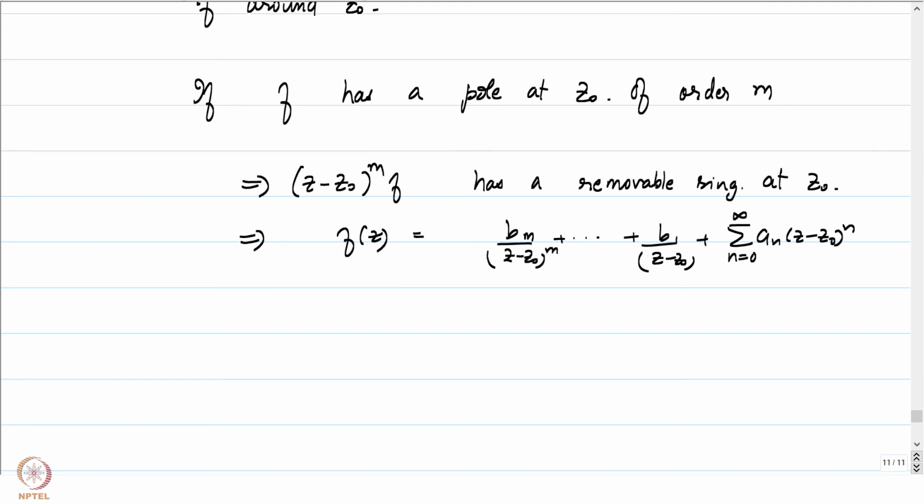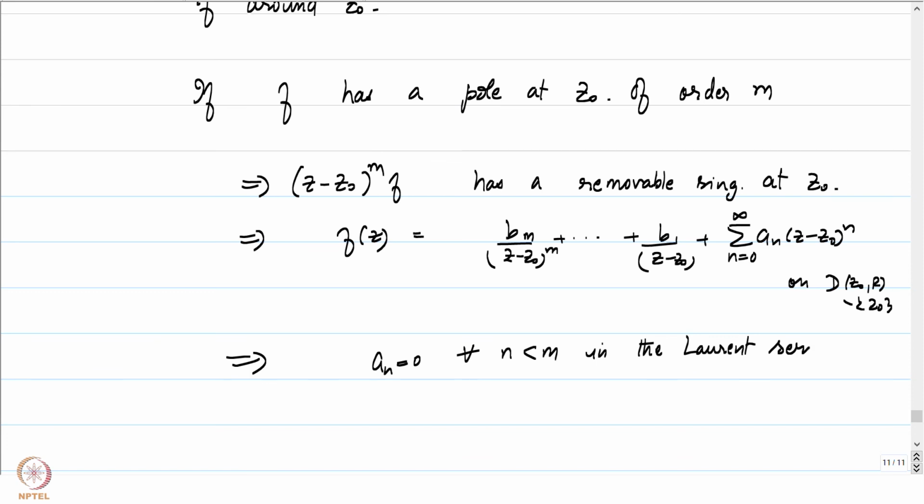Because of the uniqueness, this is on D(z0, R) minus z0, and this tells us that a_n is equal to 0 for all n less than minus m in the Laurent series expansion around z0 of f.